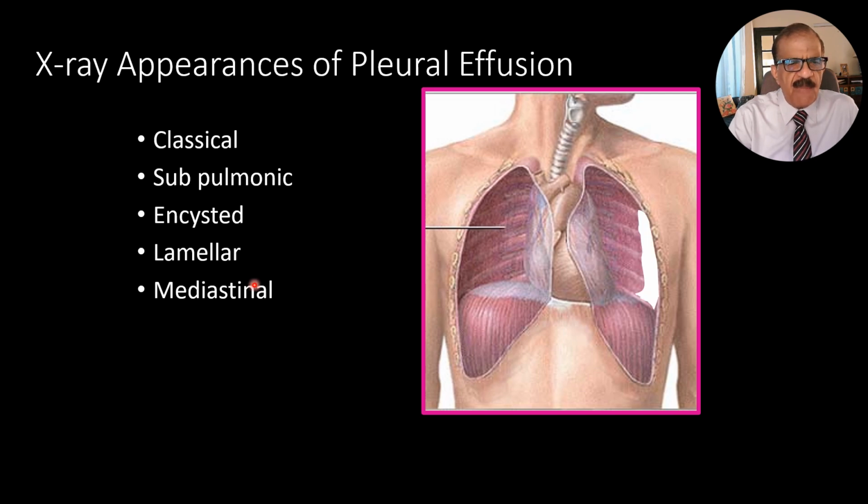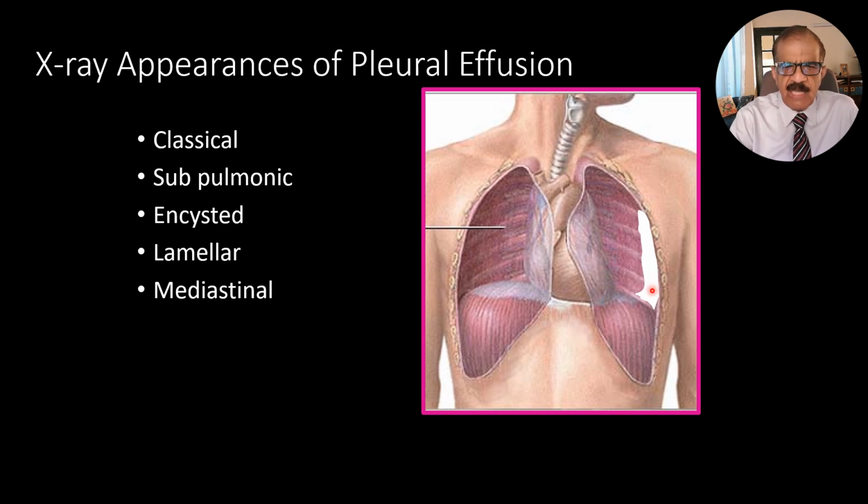Then we have lamellar pleural effusion. I just showed the classical appearance, but sometimes the fluid rises along the lateral chest wall. Now, what is the physics or the mechanism? I don't really understand. But this fluid is actually free, and if you change the posture of the patient, this fluid will take a different shape.